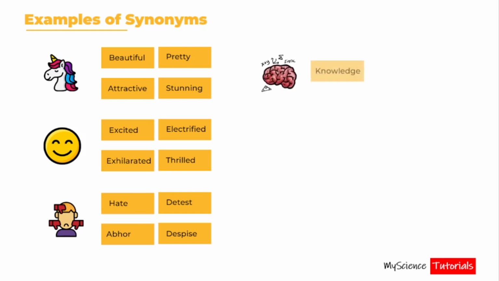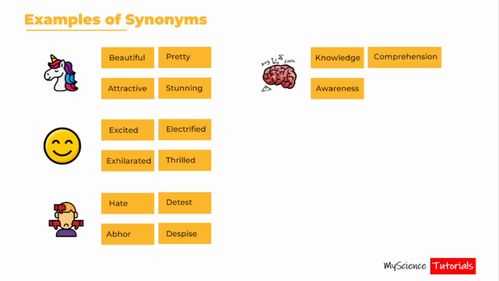Okay. Now, the next word we want to look at is knowledge. Now, if you have knowledge about a particular subject or a particular field of study, it means you have an awareness about that particular subject or field. So your knowledge is your awareness or your comprehension, how you understand something, your comprehension or your understanding about a particular topic or a particular concept.